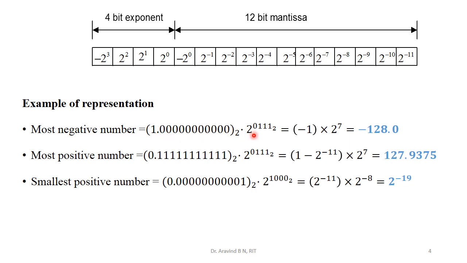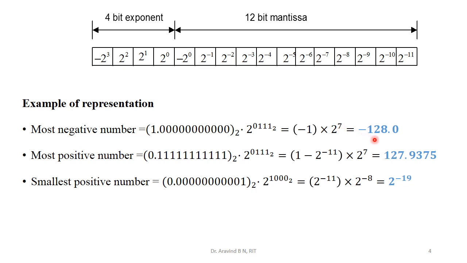In the exponent it is 0111 in binary. That means the complete representation in decimal is -1 × 2^7, so we have -128.